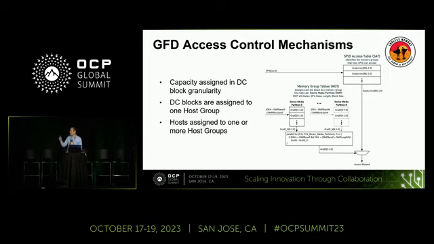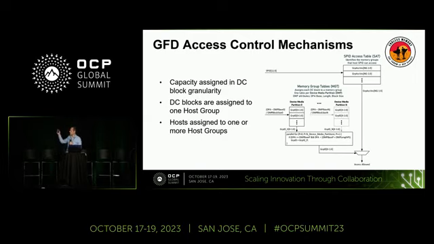And those blocks are assigned to one host group. And hosts, which in this case you can think of as SPIDs, can be assigned to one or more host groups.